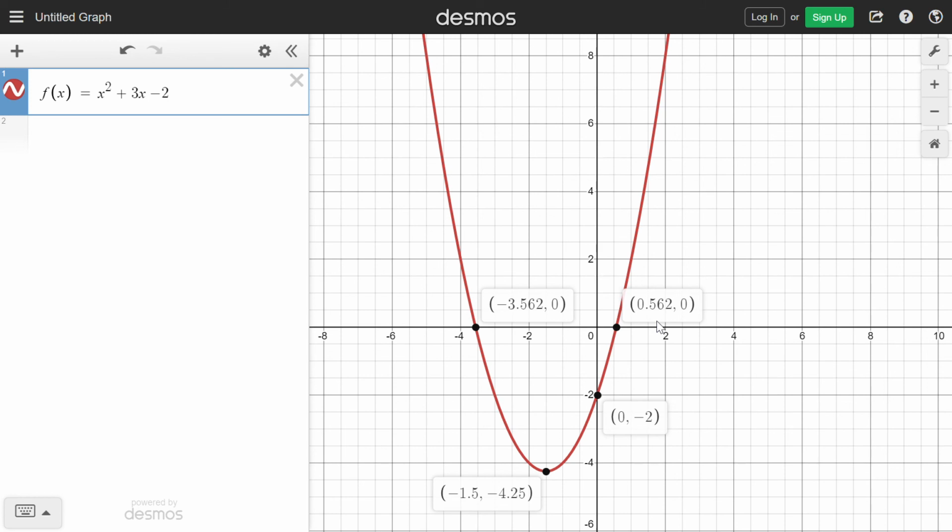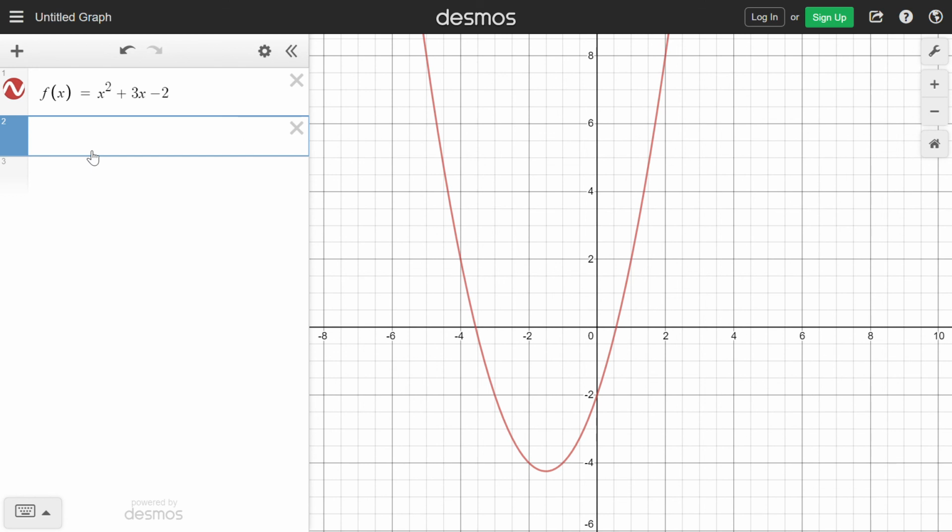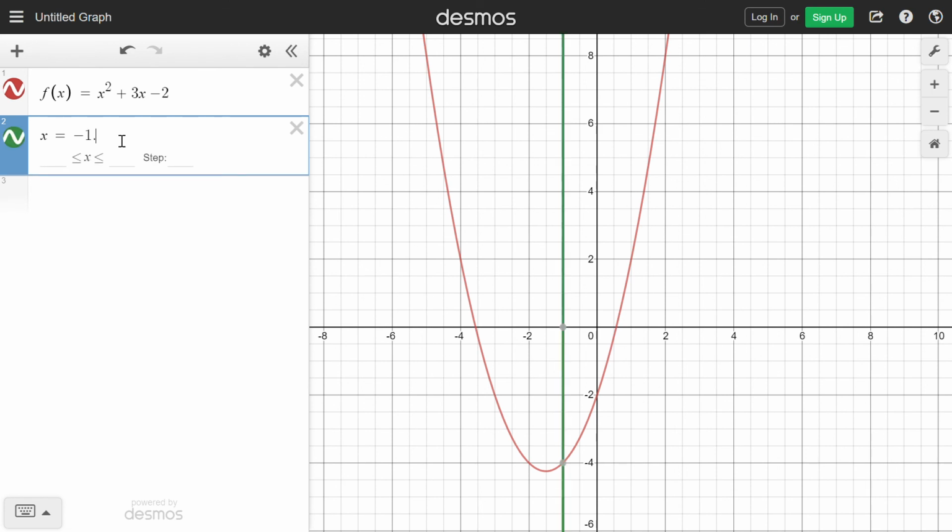Lastly, we've got to think about that axis of symmetry. Now that axis of symmetry will be going through the x coordinate of your turning point. So x will equal, you look at your turning point, negative 1.5, and that is your axis of symmetry.